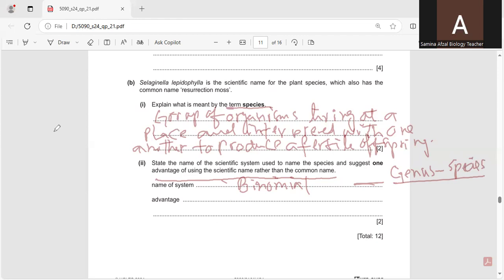So the advantage of these names is that the same organism which is called by different names in different parts of the world is internationally recognized by a single name. So we can write the advantage.